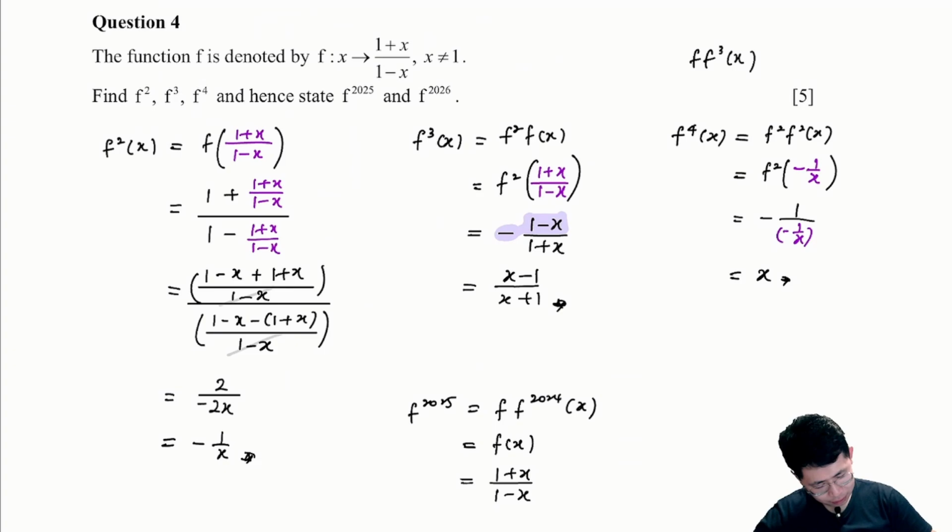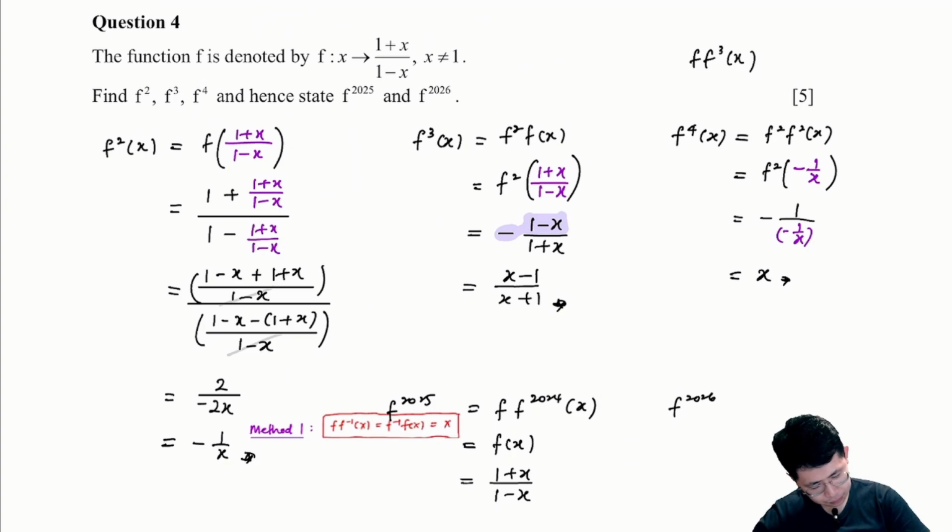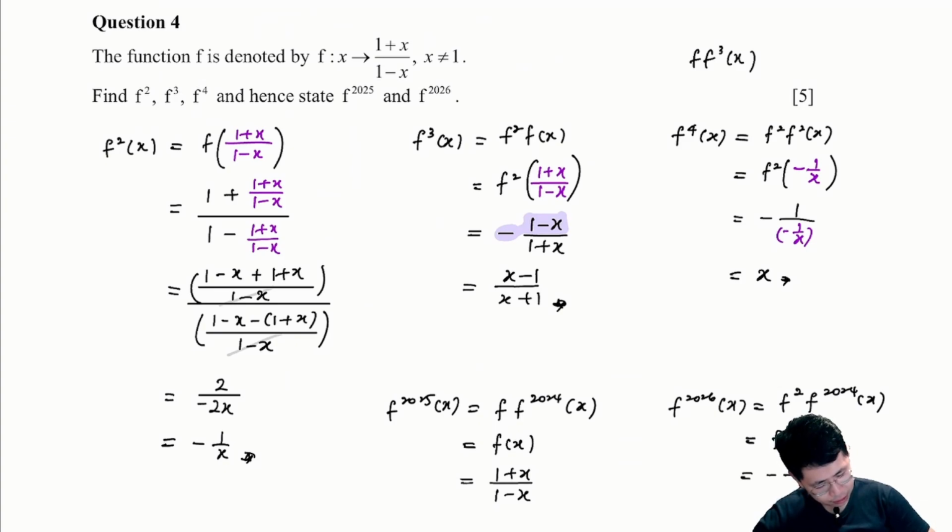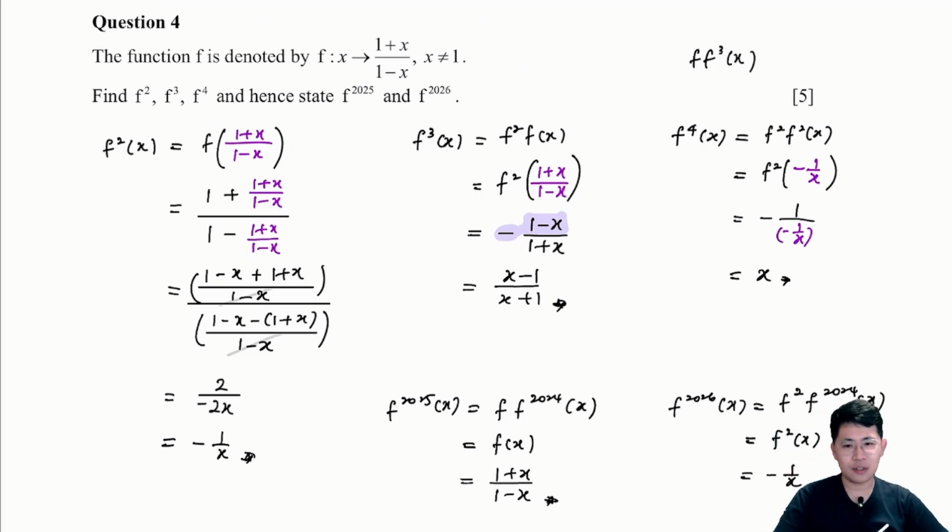Now f 2026 of x is going to be f square of f 2024 x. So this is just simply f2 of x, and what's f2 of x is just negative 1 over x.